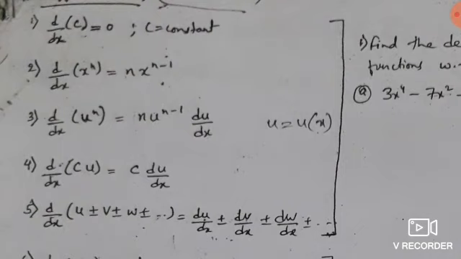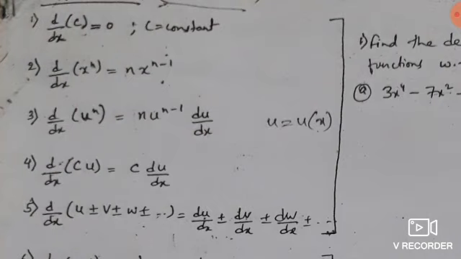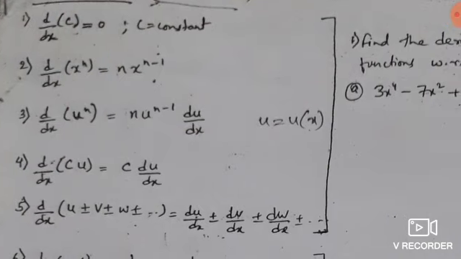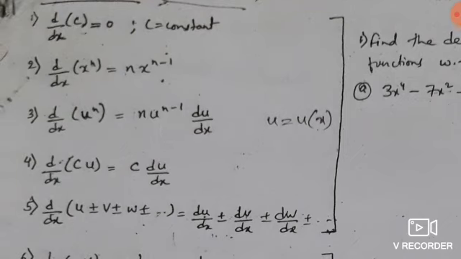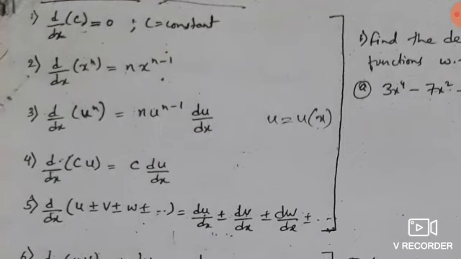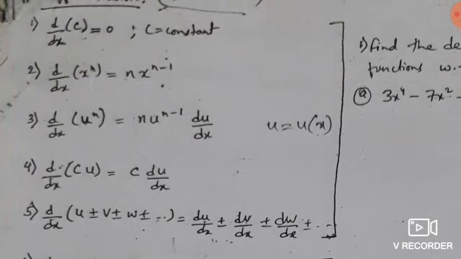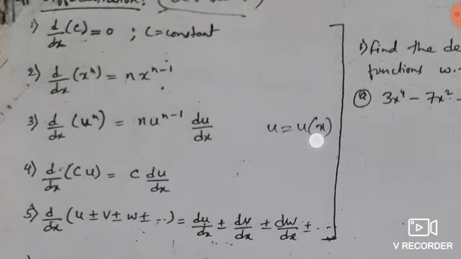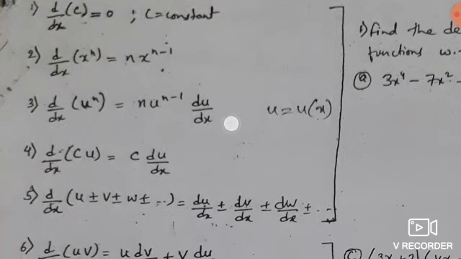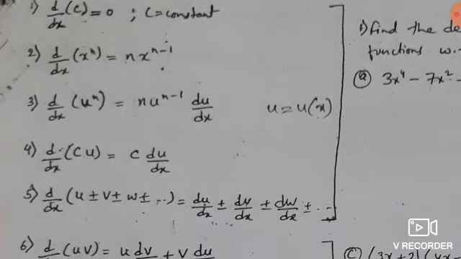So d by dx of u to the power n will give n in the front, and u^(n-1), again times du/dx, because it is the derivative with respect to x. If it is x, then the formula will be the earlier one, but if it is u, where u is a function of x, then again you have to multiply by du/dx.